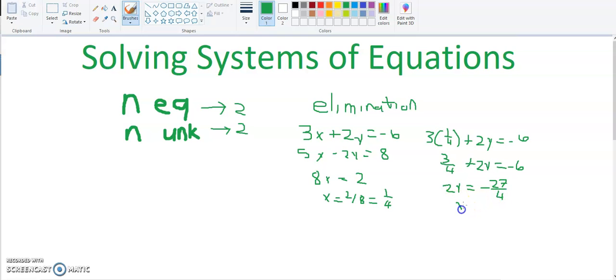And then if I divide by 2, I get y is equal to negative 27 over 8. This means that the answer is 1/4 and negative 27/8. I just made up this system on the fly, so I got fractions in my answer. It is possible to get fractions, but probably a lot of the problems you'll have to solve will have simple whole numbers or integers.